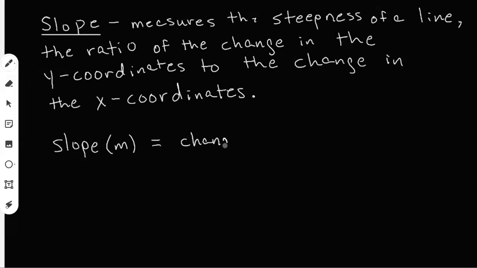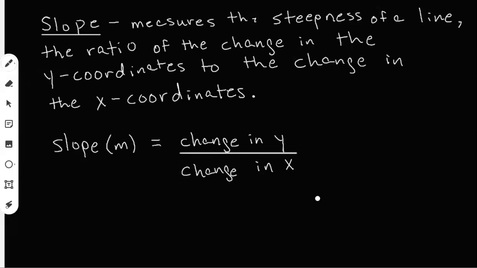So on the top of the fraction, I'm going to write change in y. And then on the bottom of the fraction, we're going to have the change in x. So y always goes on top, and x always goes on the bottom. So that's going to be the basic formula for slope.